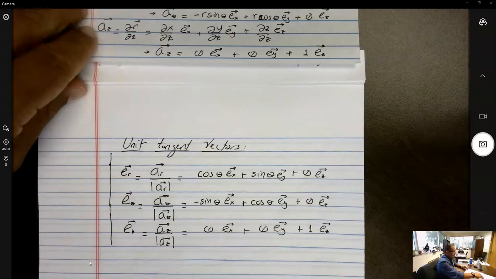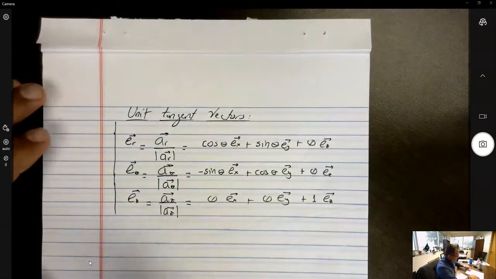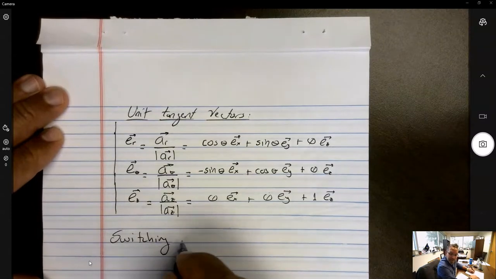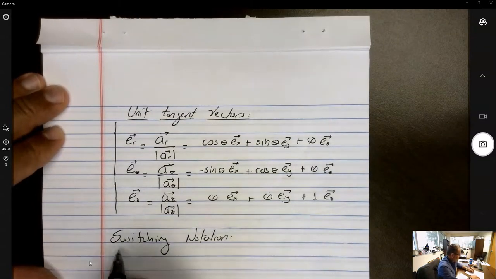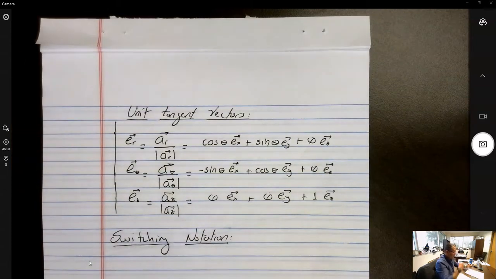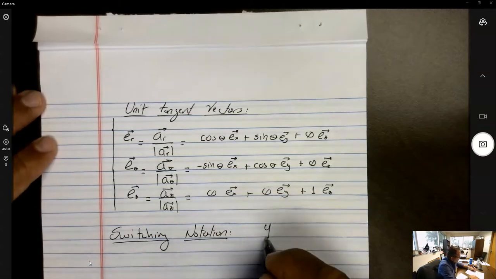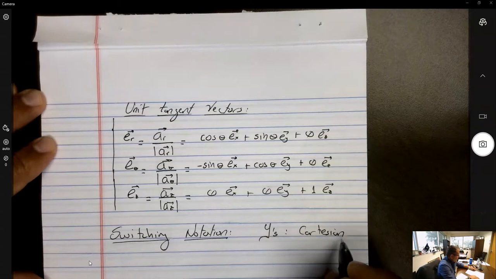Now, for bookkeeping purposes and generalization of what we're trying to do, we're going to switch notations. So instead of using x, y, z for the Cartesian coordinates, we're going to be using y's for Cartesian, and we're going to be using x's for curvilinear.